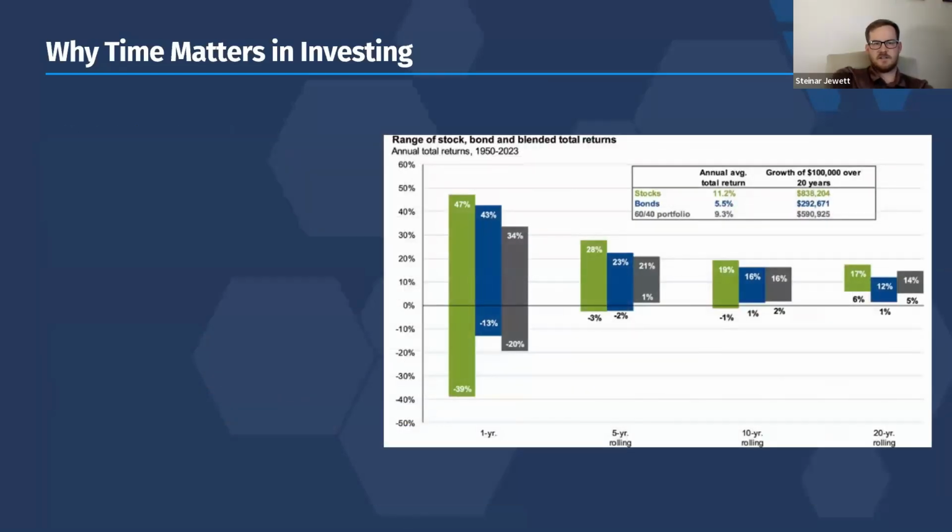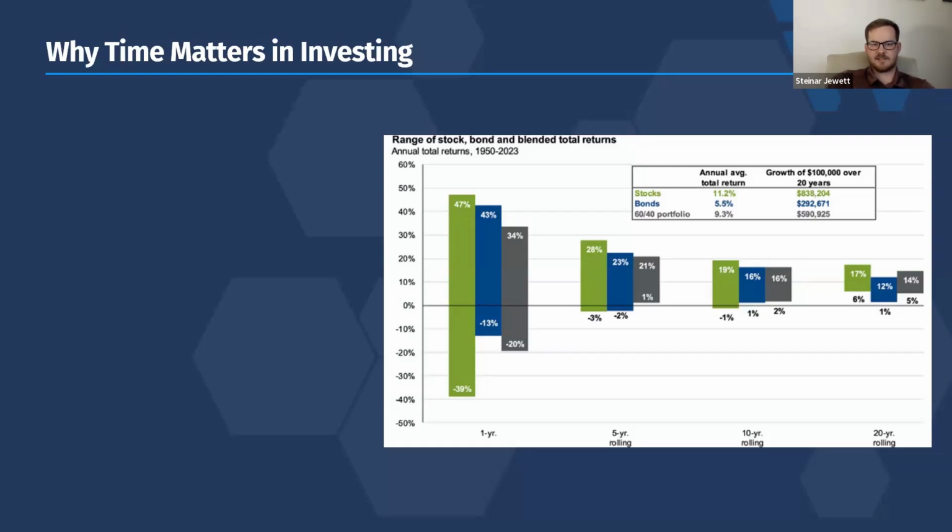Let's continue to talk a little bit more about time as it relates to total returns. What this graph is showing is stocks are the green bars, bonds are the blue bars, and that gray bar is a combo of the two, what we see as a traditional 60-40 portfolio. Over shorter time periods, like the 1 year time period, there can be a very large variety in what they could return.